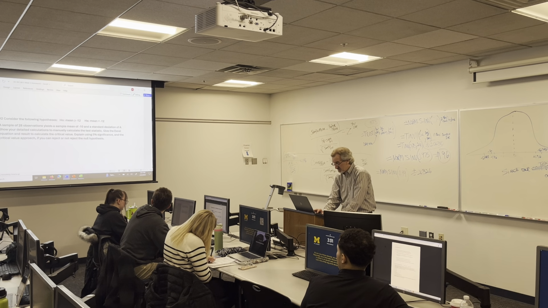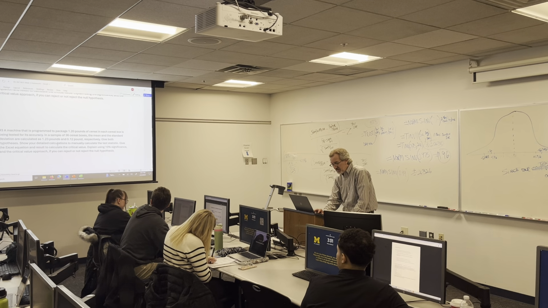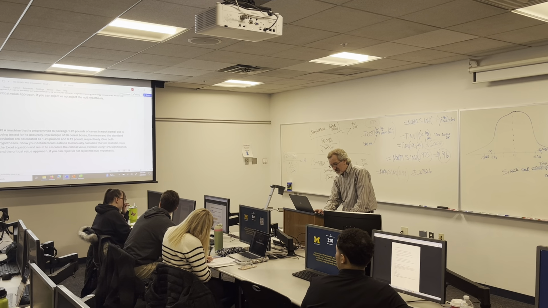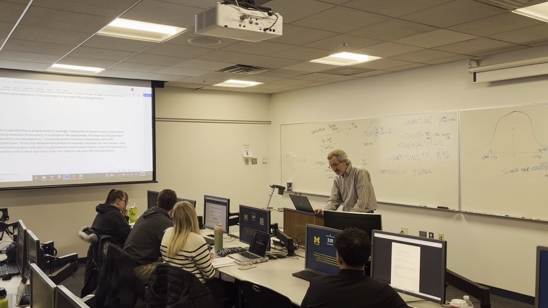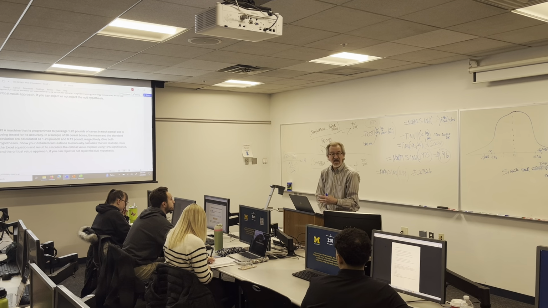These are all T's. Number 3, a machine that is programmed to package 1.2 pounds of cereal in each cereal box is being tested for its accuracy. In a sample of 36 cereal boxes, the mean and the standard deviation are calculated to be 1.3 pounds and 0.12 pounds, respectively. It literally gave you the data from the sample.